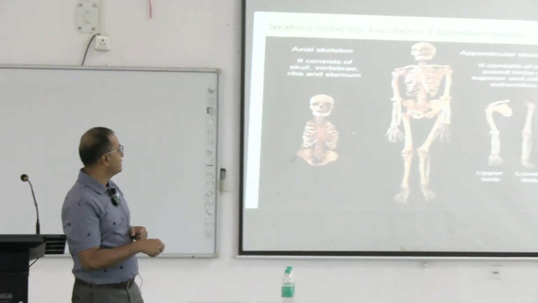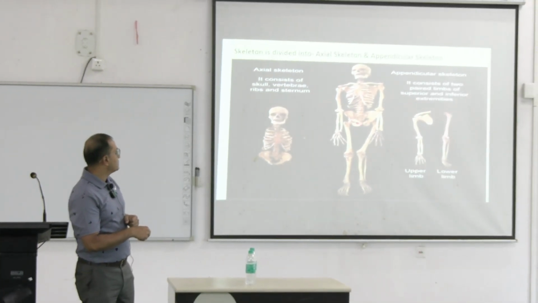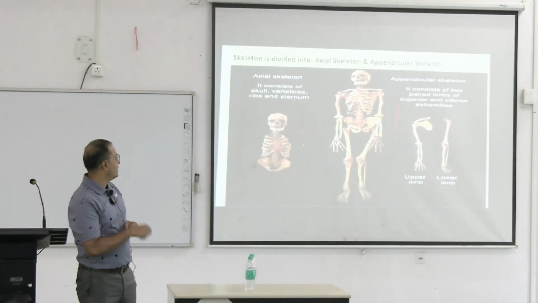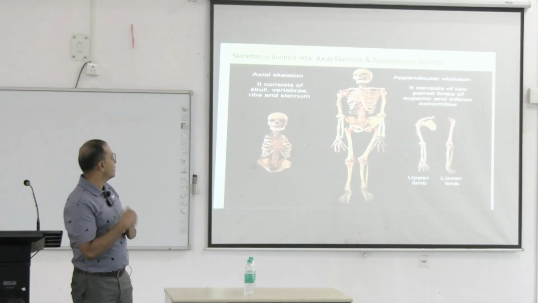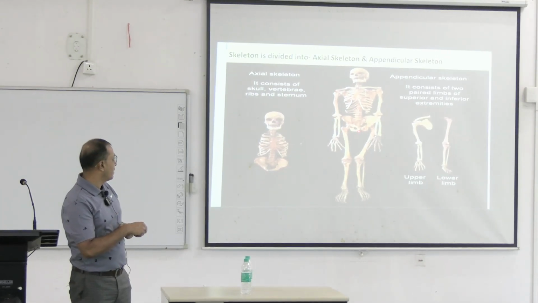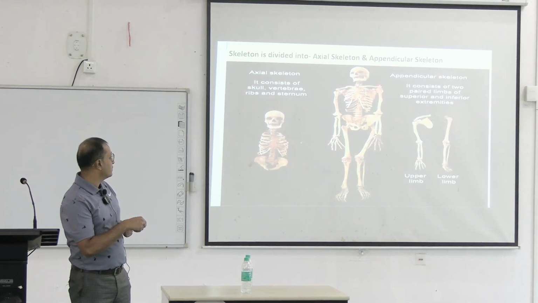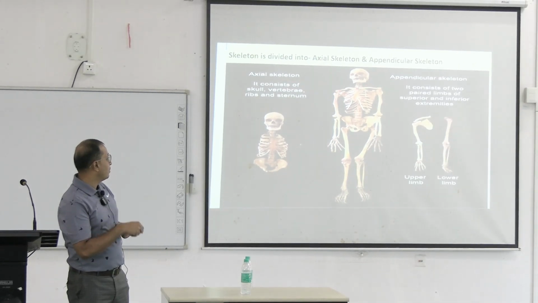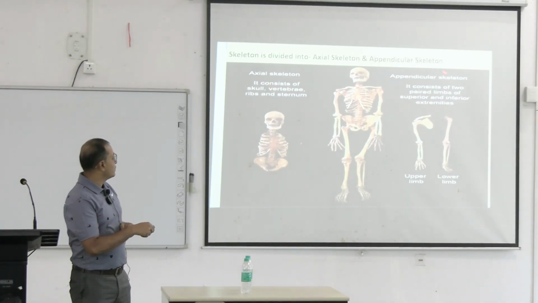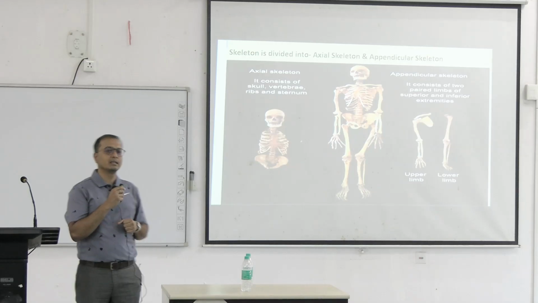This appendicular skeleton is combined with girdles, the pelvic girdle and the shoulder girdle. The shoulder girdle, with the clavicle in front and the scapula on the back, together forms a kind of circular element. This region we call the appendicular skeleton, and the midline we call the axial skeleton.